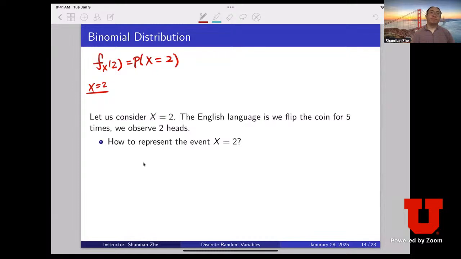Yeah, I'm not asking the total number of sequences. I'm asking what the sequences look like inside this event. Set of outcomes out of 5 that include exactly 2 heads.